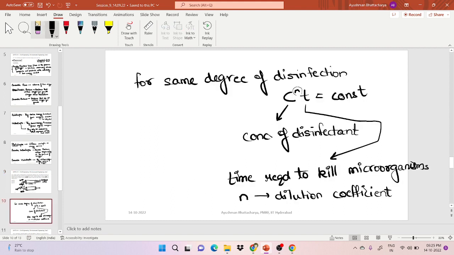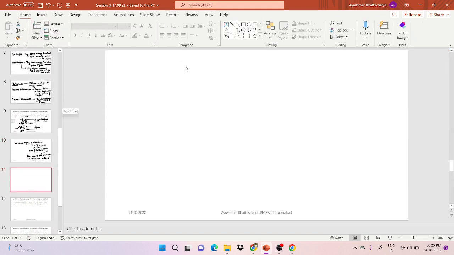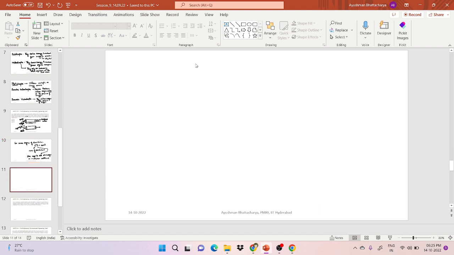Okay, so we can write, if n equals 1, obviously Ct is equal to constant. Product of concentration into the time taken to kill the microorganism is constant. So we can write therefore C1 T1 is equal to C2 T2.